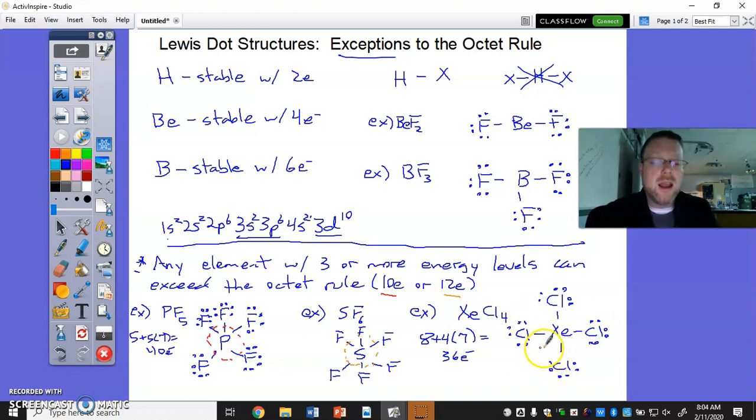So right here, it looks like every chlorine is stable and the xenon is stable with 8, but I have 36 electrons in this model. And so I would have to put additional electrons in here somewhere.